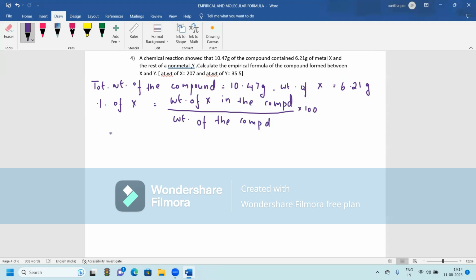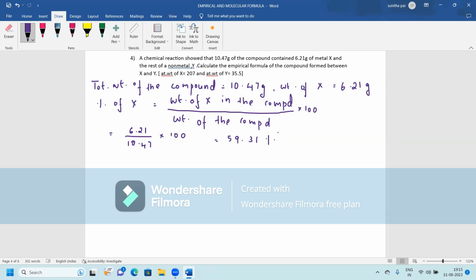So this is equal to 6.21 by 10.47 into 100, which on solving gives us 59.31%.